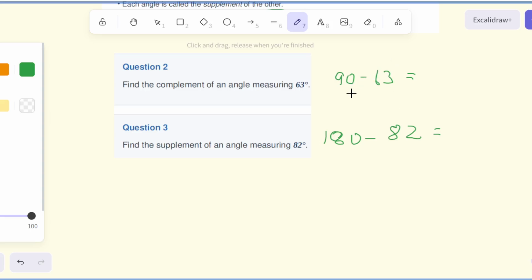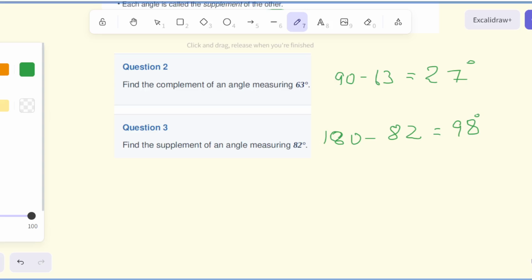What did you get? 90 minus 63? 27. And what about 180 minus 82? 98, because 180 minus 80 is 100, subtract 2 more, so you get 98. All good? Yep.